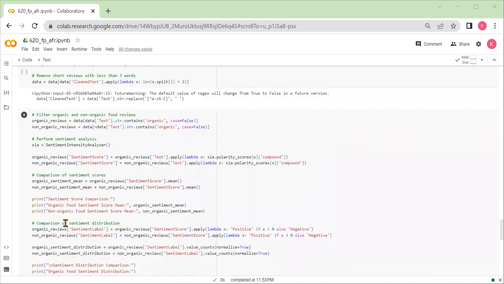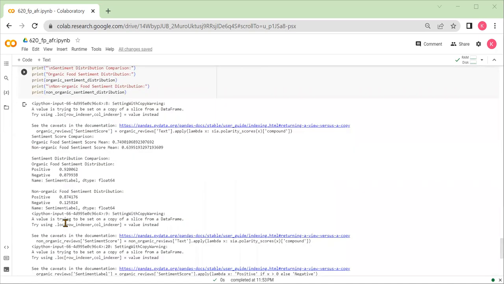Then we compared the mean sentiment scores, and we found that customers expressed higher sentiments towards organic food products compared to non-organic food products. This suggests generally more positive sentiments towards organic food products among customers.